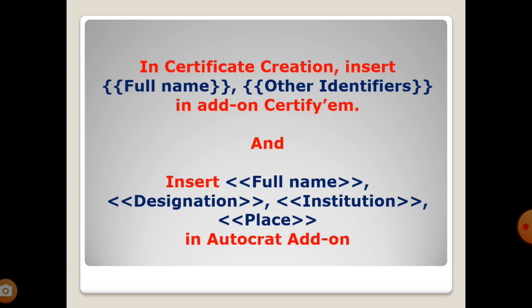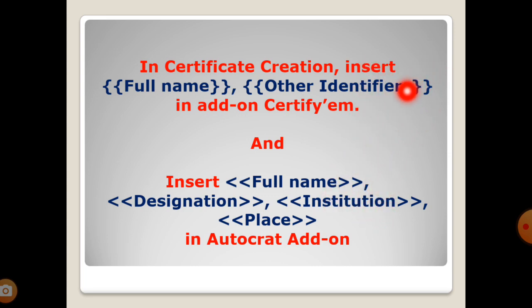And insert the less than and greater than symbols. In between you have to add the full name, designation, institution, place, in the Autocrat add-on only. This is the main difference between the Certify'em and the Autocrat add-on.